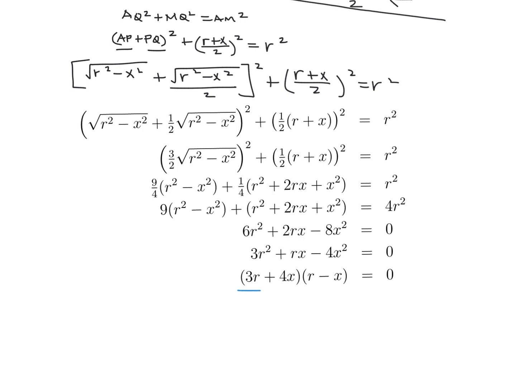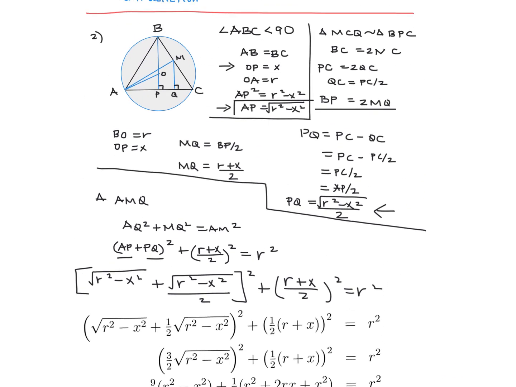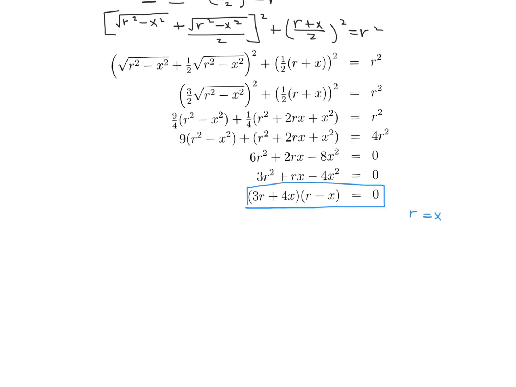And when you get down to the final, it's a pretty nice result. And when you get down to that final nice result, we have a decision to make. Either R is equal to X, which it's not, because R represented OP, and R represented OA, which is the radius, and OP is representing X. So according to the diagram, X cannot equal R, so that is not possible.